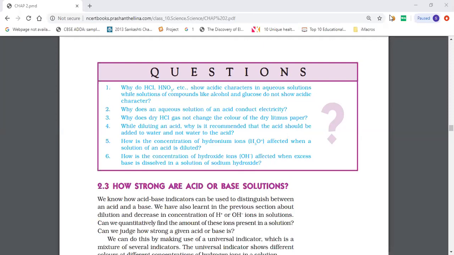So due to absence of water, H plus ions are not free to show acidic behavior.